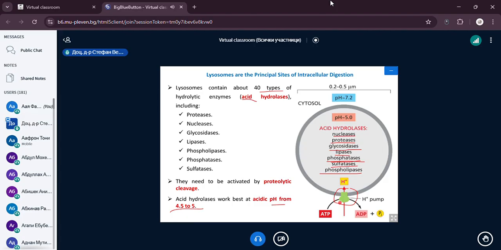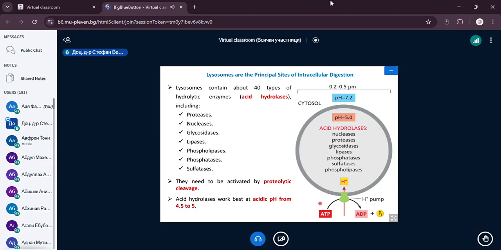This proton pump, an adenosine triphosphatase, actively transports protons into the lysosomes by utilizing the energy of ATP, and the more protons being pumped into the lysosomes, the pH changes from 6.8 to 5.5 and then to almost 4 or 5, and these enzymes become active to degrade the engulfed substances.